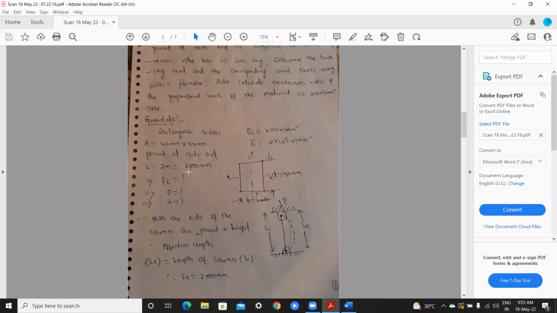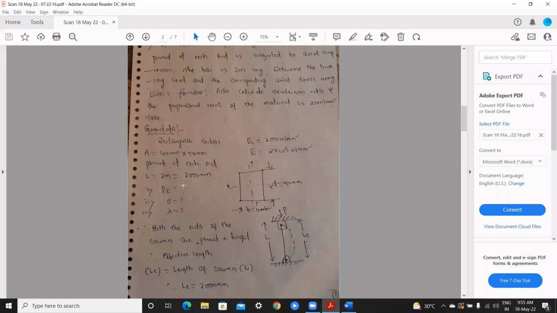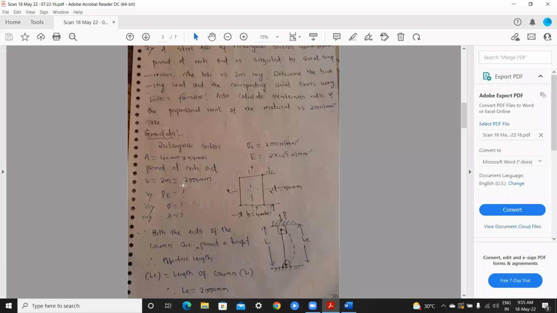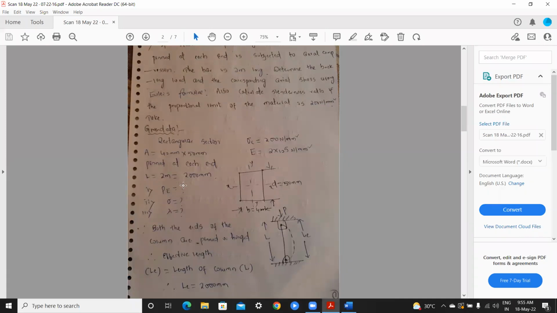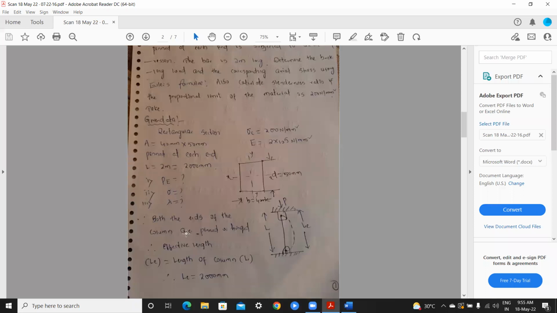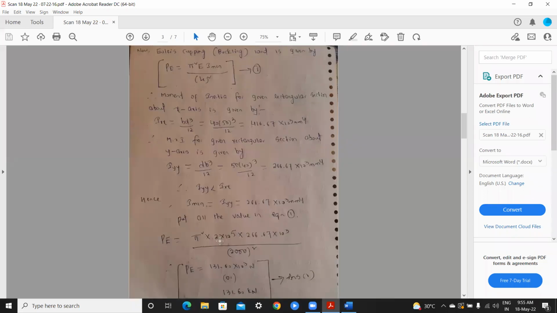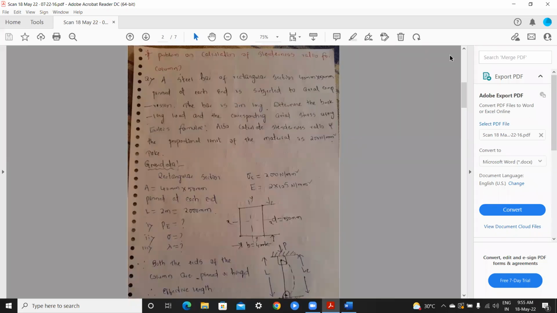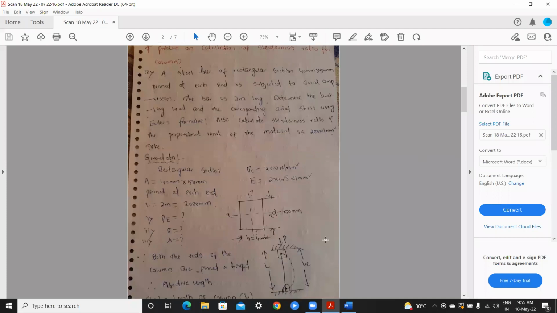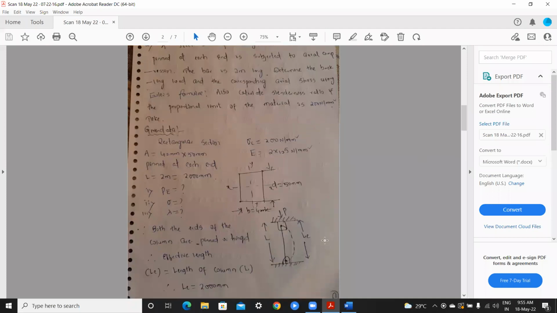Rectangular section and length is 2 meter. So we have to calculate the stress and the corresponding axial load, subjected to axial compression. And our column is such that both ends are pinned or hinged. So what is the effective length here? The effective length will be the same for this condition, pinned at each end. Pinned at each end means Le is equal to L only.